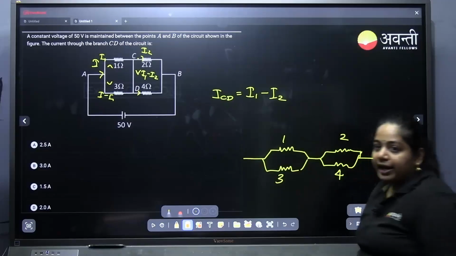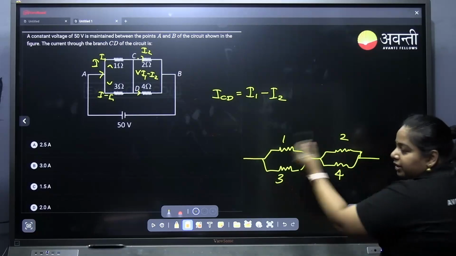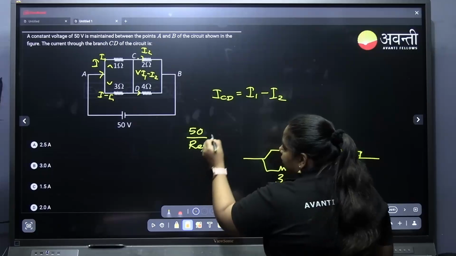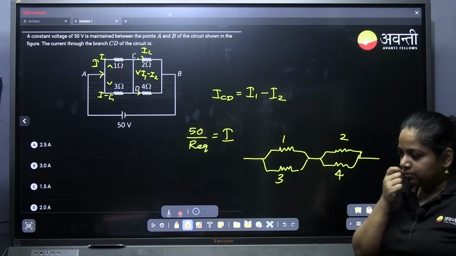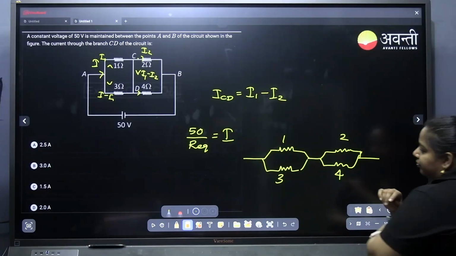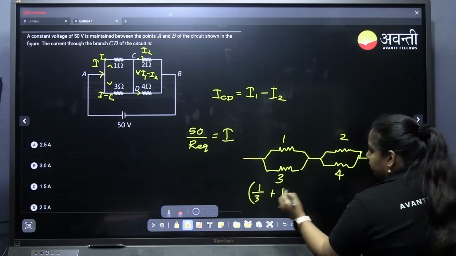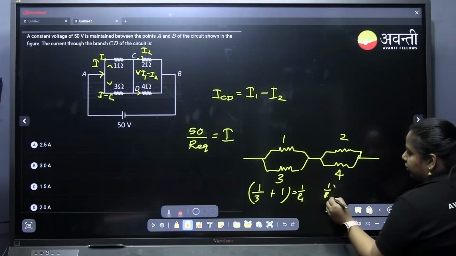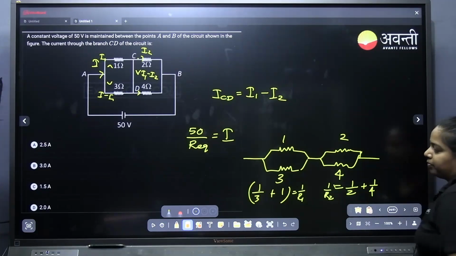You have to find I first, the total current. How will we get the total current? Find the equivalent resistance, then 50 by R equivalent will be equal to the total current I. 1 by R1 is 1 by 3 plus 1, and 1 by R2 is 1 by 2 plus 1 by 4.